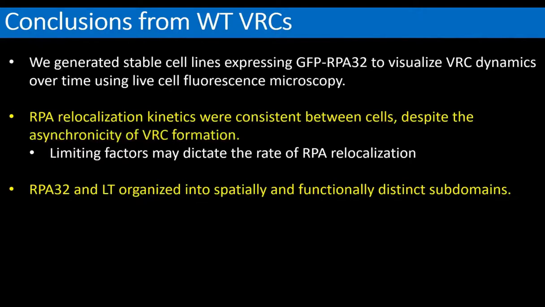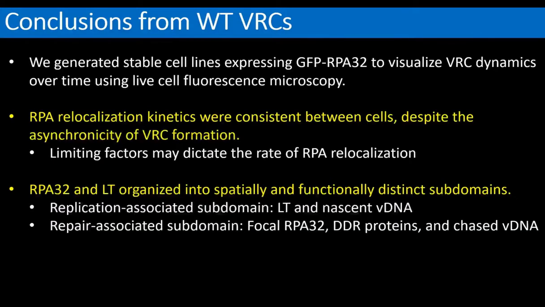RPA32 and large T antigen are organized into spatially and functionally distinct subdomains: a replication-associated subdomain that we found was occupied by large T antigen and nascent viral DNA, and a repair-associated subdomain occupied by focal RPA32, DDR proteins, and chased viral DNA.